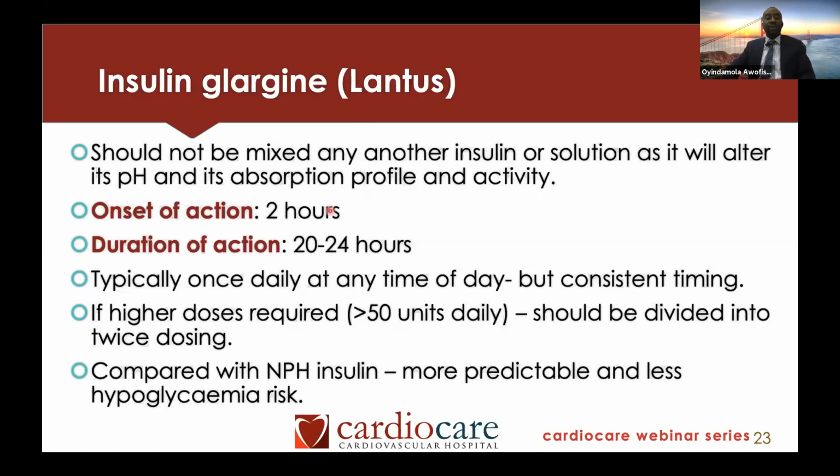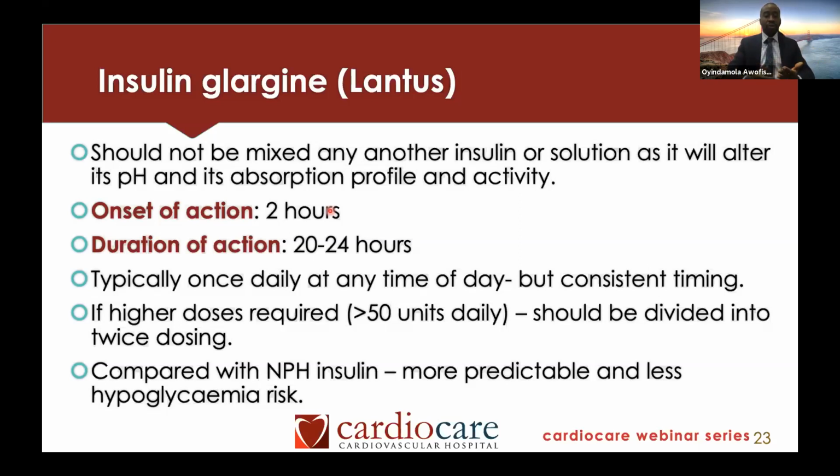The onset of action is about 2 hours, and it acts for between 20 and 24 hours. Some sources will quote a longer period. It's typically given once a day at any time of the day, but the timing should be consistent. If someone requires more than 50 units a day, then the dose should be divided into twice daily dosing.